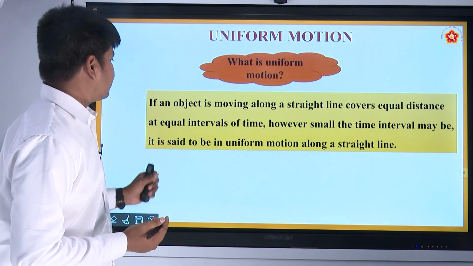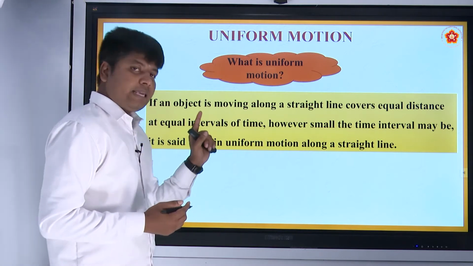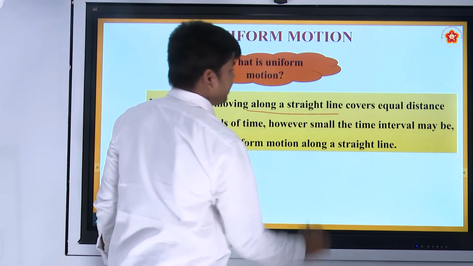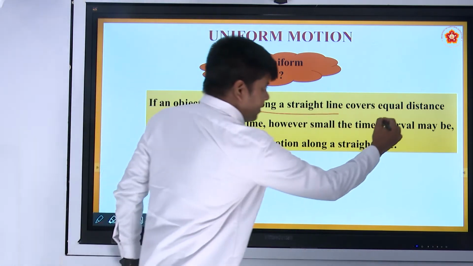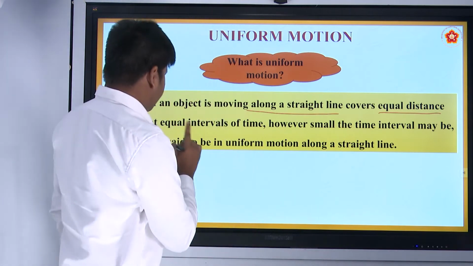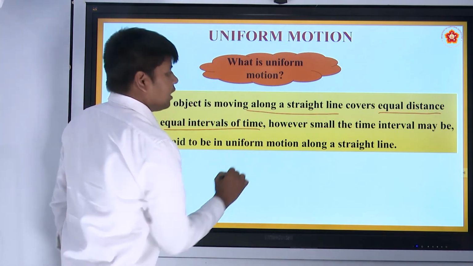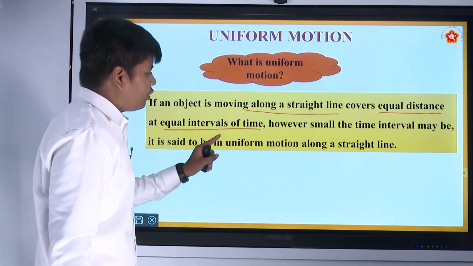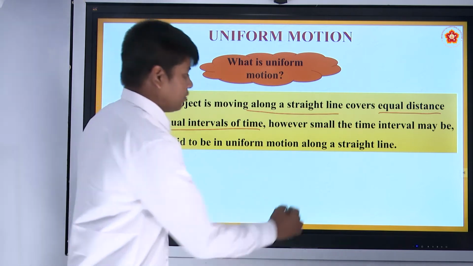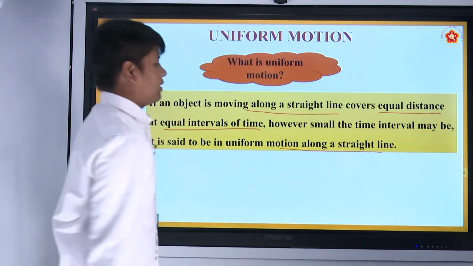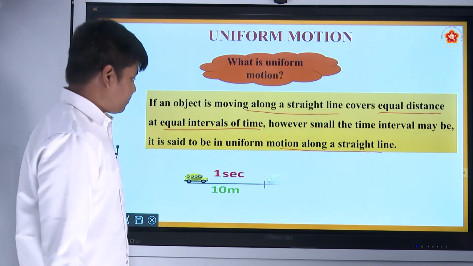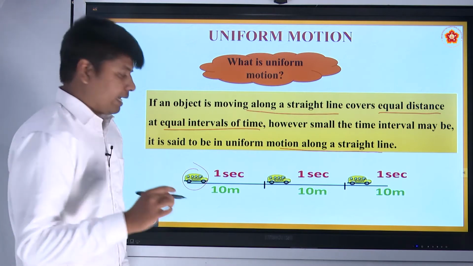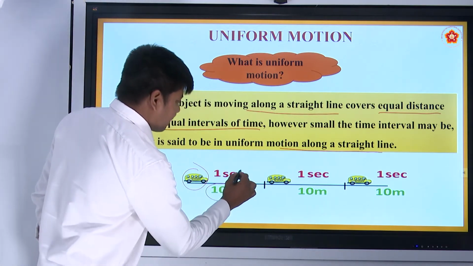If an object is moving along a straight line and covers equal distances in equal intervals of time, however small the time interval may be, it is said to be in uniform motion along the straight line. What it says, you can see in the picture. See, a school van is covering a distance of 10 meters per each second.